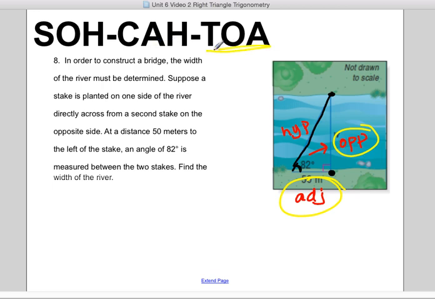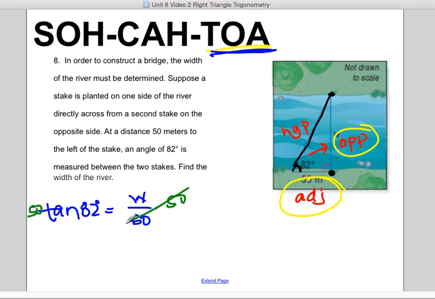Adjacent and opposite is our tangent. So I'm going to have tangent of the angle, which is 82, equals my opposite, which is W, over my adjacent, which is 50. So to solve for this, I would multiply both sides by 50. So W equals 50 times tangent of 82.